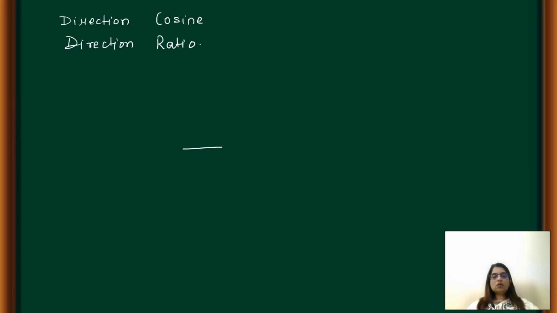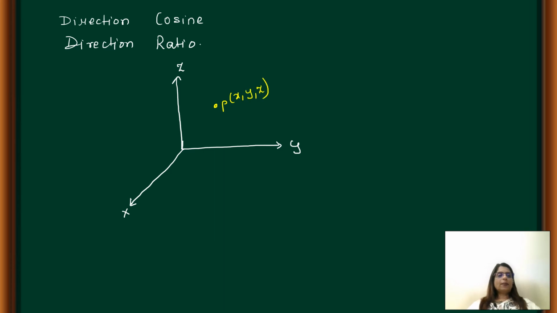Suppose if this is your y-axis, this is your x-axis, and this is your z-axis, right? Let's take P is any point here, and the coordinates of P are x, y, and z. All right. We all know the line that joins from the origin to P, we call it the position vector of OP.